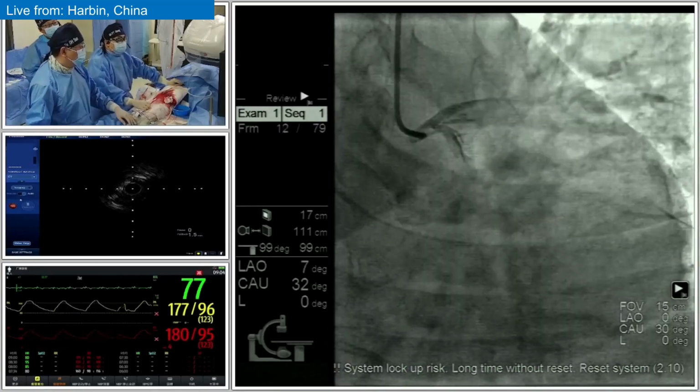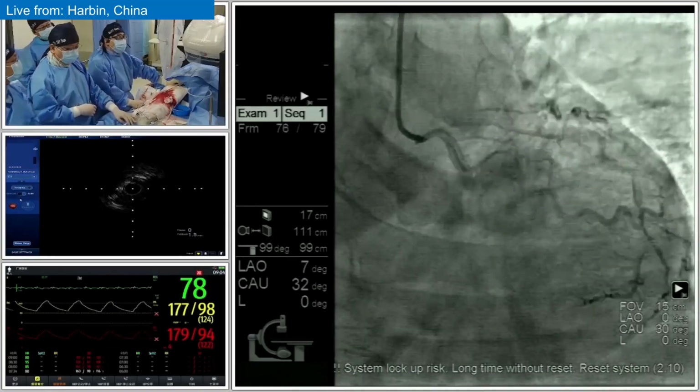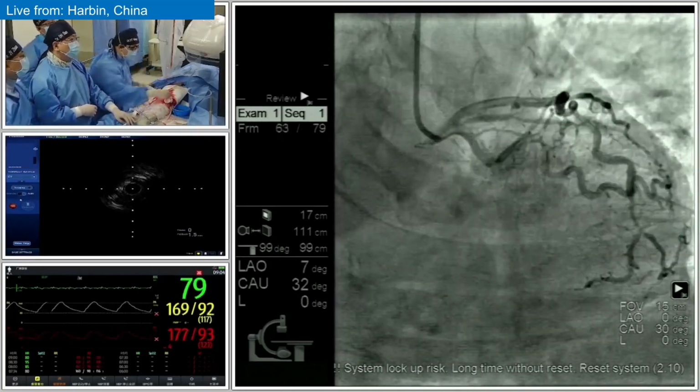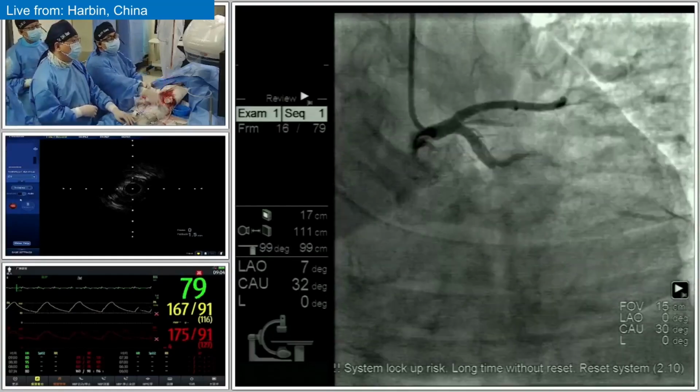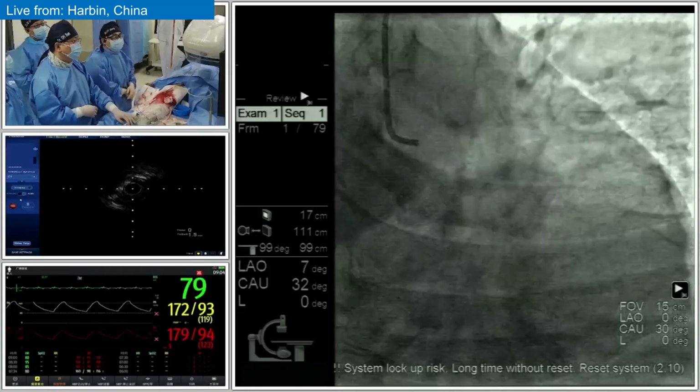For this video, as we know, the important baseline step is the dual injection and CTA scan, and both these steps will give me a lot of information.